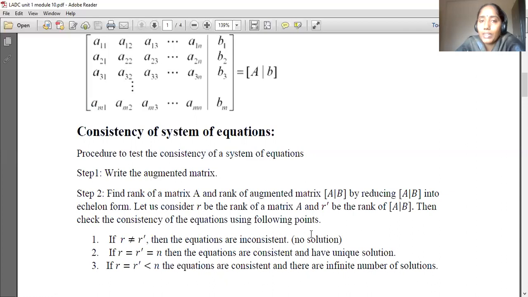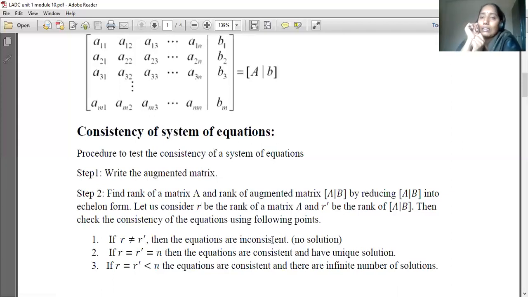Whatever the number of equations given represents the number of planes, and those planes are not intersecting at one point. Or we can say that they are parallel to each other. This is one plane and this is another plane. Both are parallel to each other. That means these planes are not intersecting each other, so there is no intersecting point. That means there is no solution.